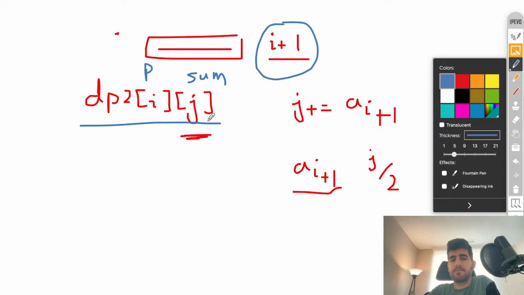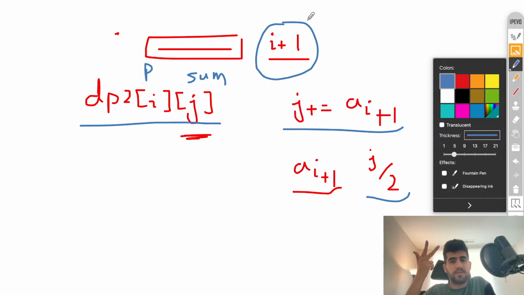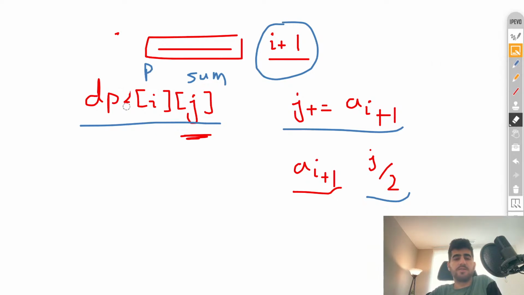Is their number of balls now the maximum? Is j divided by 2 the maximum, or a of i plus 1 is the maximum? In any of those cases, I should multiply these two numbers. As I said, we can also remove the other dp. Only this dp is enough.